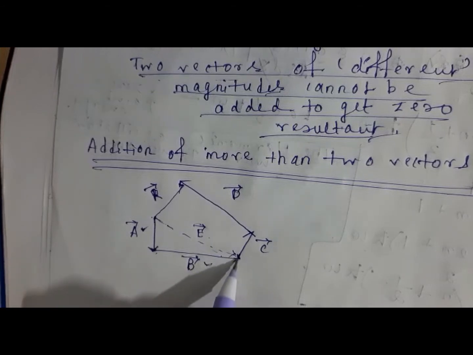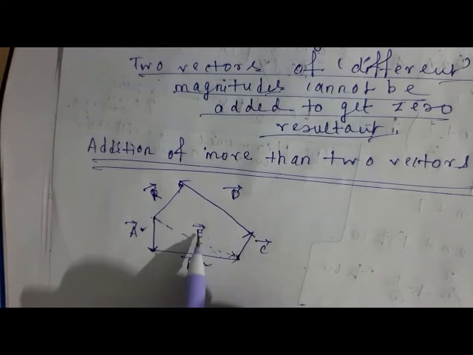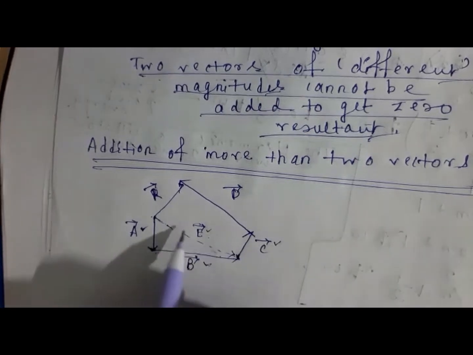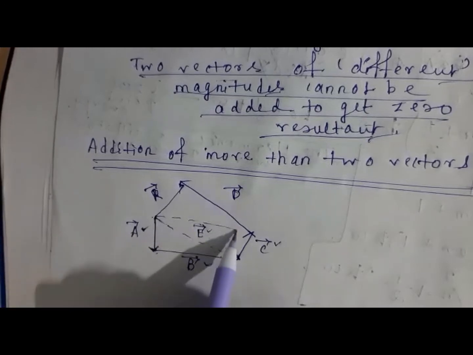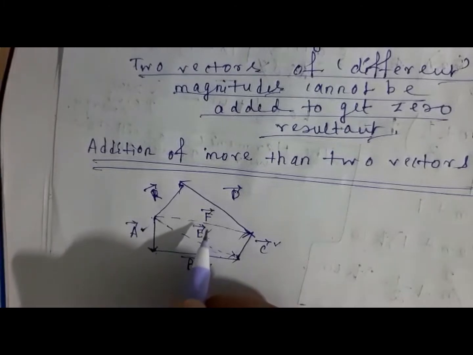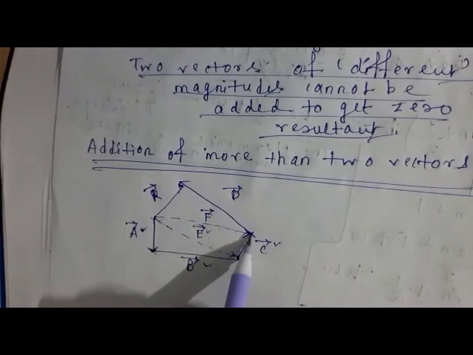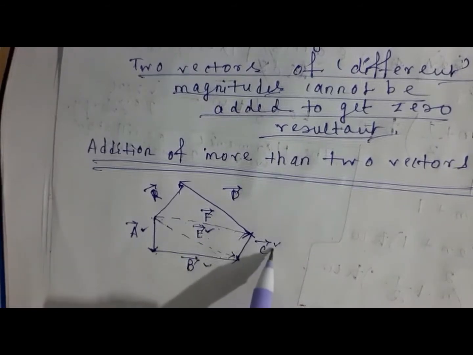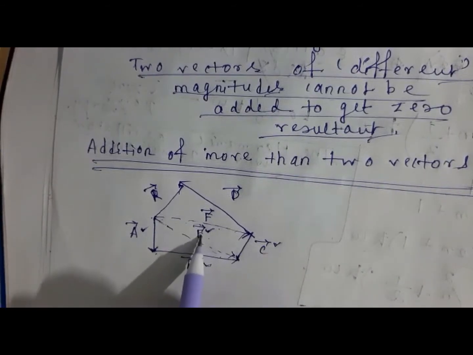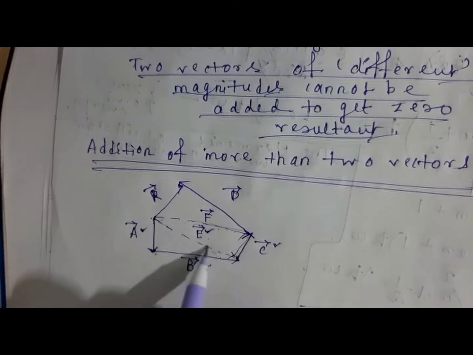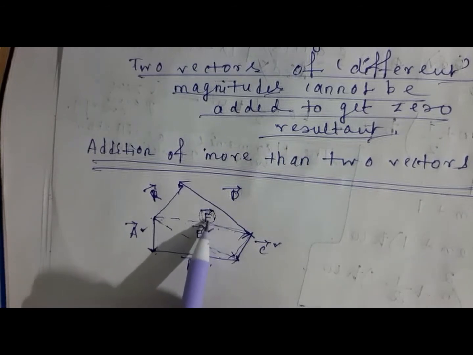After you get E vector, you take E vector and C vector and find out this one, your F vector. When you take these two vectors, E vector and C vector, by the triangle law, this is your triangle in the second case, and your F vector is the resultant vector.